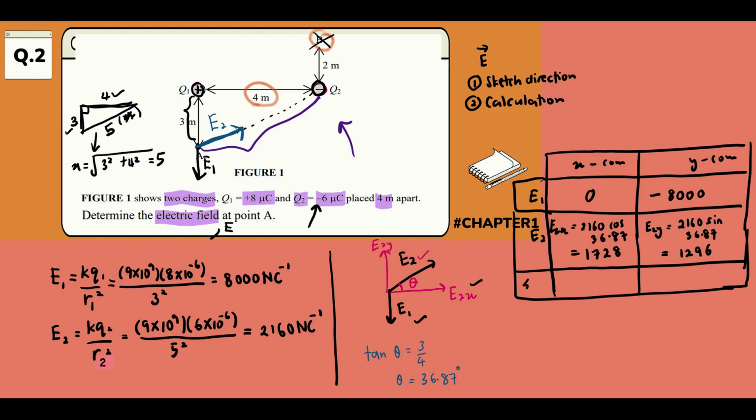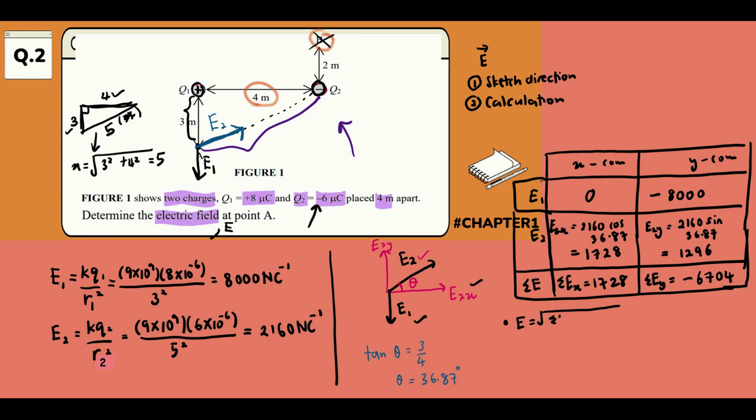Then we find the total electric field for the x-axis, which is 1728, and here is the total for the y-axis. Then you're supposed to have negative 6704.